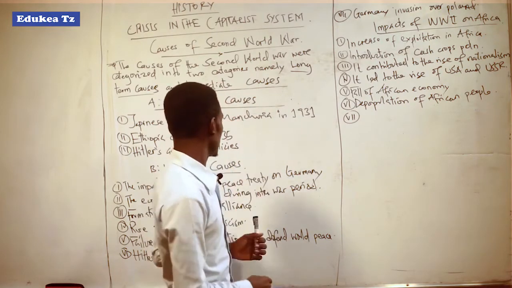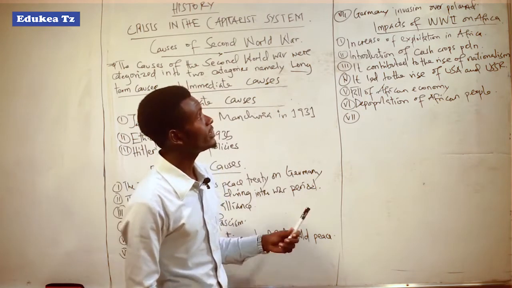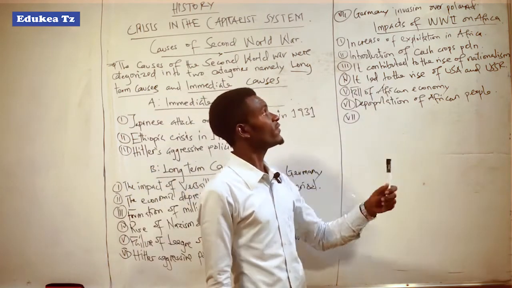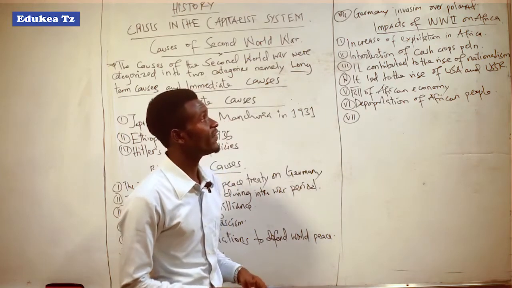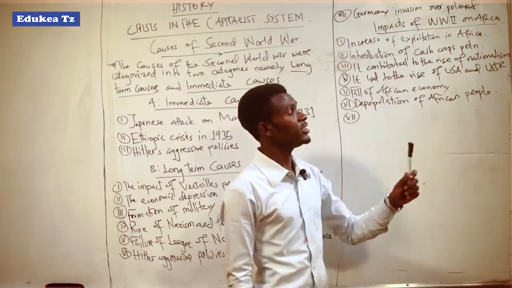After looking at the long-term causes of the Second World War, let us see the impact of the Second World War on Africa. The first one was the increase of exploitation in Africa.